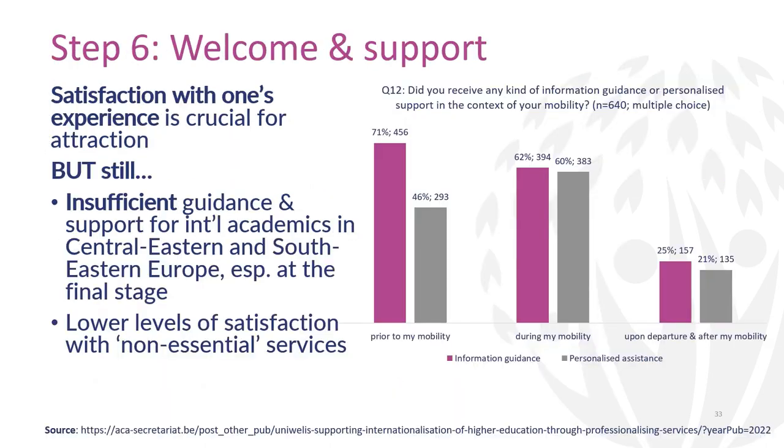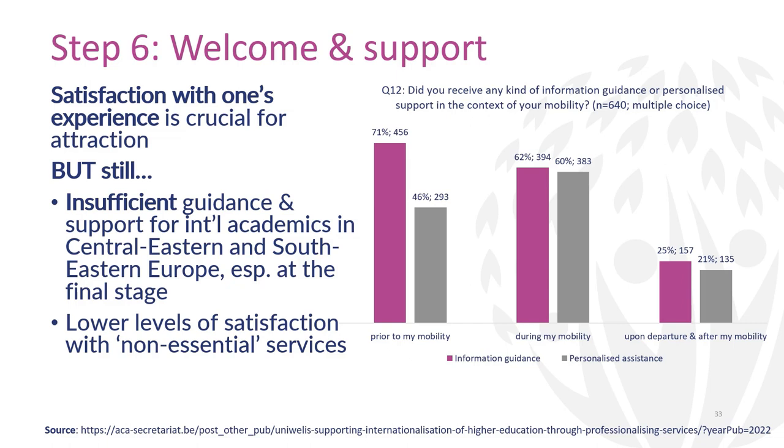The sixth step in the strategic approach to global talent attraction is related to welcome and support services. The evidence gained from the Univelis project shows that satisfaction with one's academic stay at a host university abroad can be crucial for the future attraction of international lecturers, researchers, and PhD students from the same country or region.